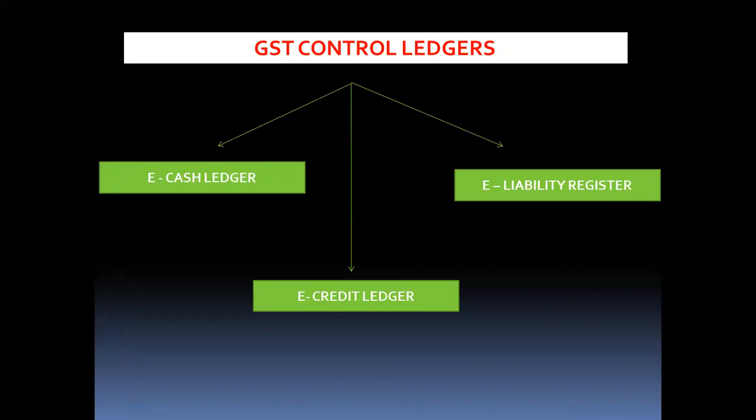E-credit ledger reflects ITC, that is input tax credit on inputs, services and capital goods as per GSTR-3B filed. Coming to e-liability register, it reflects liabilities of a taxable person categorized in two parts, that is return-related liabilities and other than return-related liabilities.